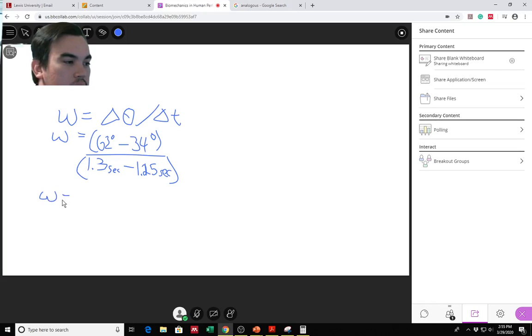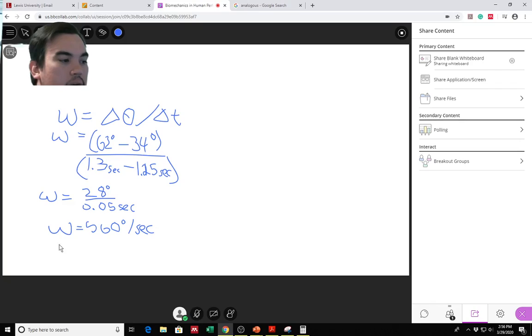Thus, omega would equal 28 degrees over 0.05 seconds. And then as I divide that, omega would equal 560 degrees per second.